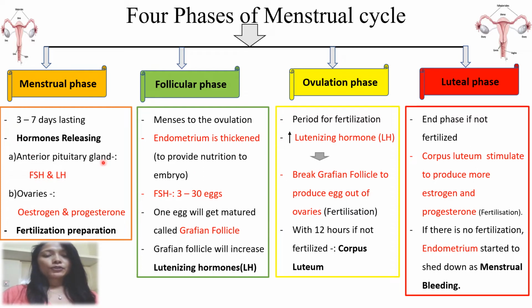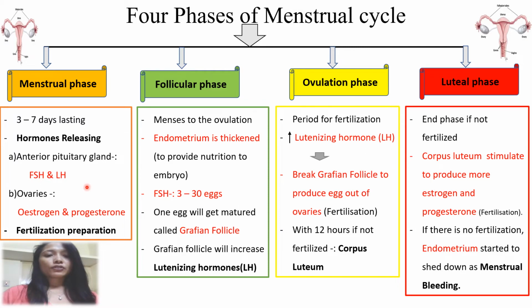The anterior pituitary gland will secrete two hormones, FSH and LH, and the ovaries will secrete estrogen and progesterone. This phase will secrete these hormones, and it also gets ready for the fertilization preparation, that means to get pregnancy.